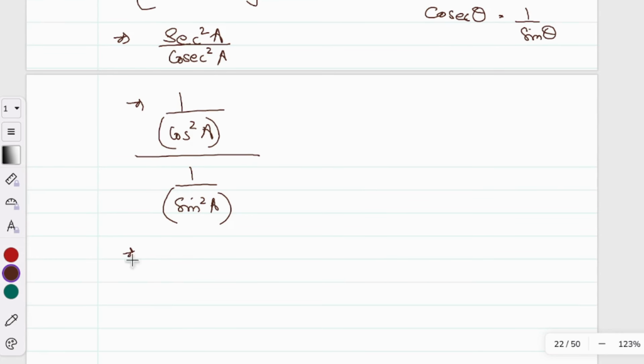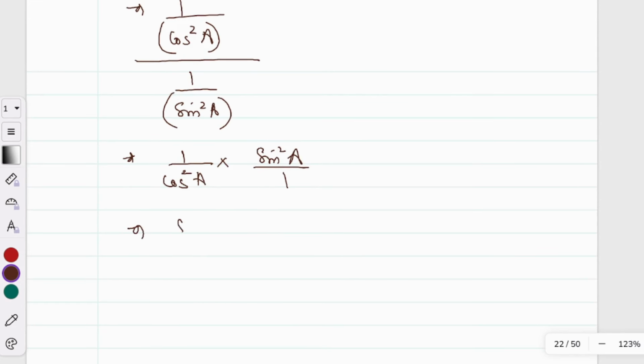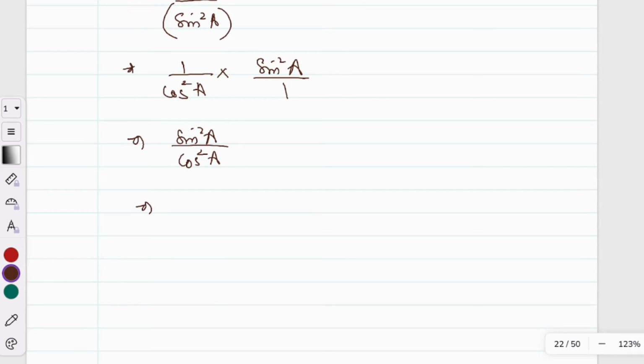So this becomes 1 by cos square A into sin square A divided by 1, which is sin square A by cos square A. Sin theta by cos theta equals tan theta, therefore this is equal to tan square A.